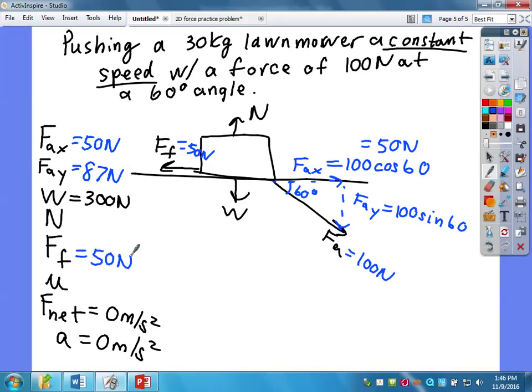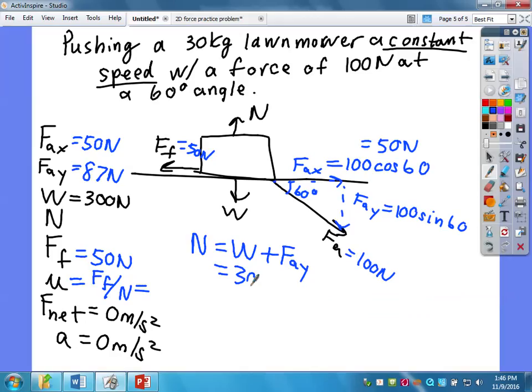So that leaves me just with the normal and the mu, and obviously I need the normal to solve for mu. Mu is frictional force over normal, so I need to solve for normal. Well, in this case, what do you see happen? Is the normal going to be greater or less than the weight, or equal to it? Well, it's not going to be equal. You have that extra force down. This will be normal equals weight plus FAY, because you're pushing down, so the normal force is going to increase. So I add the weight and the FAY together.